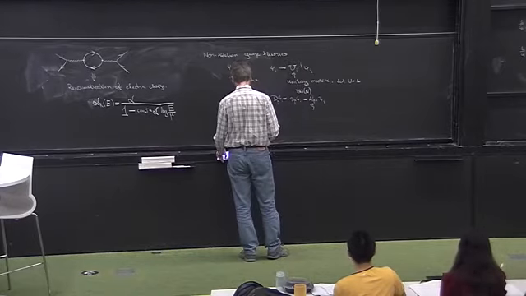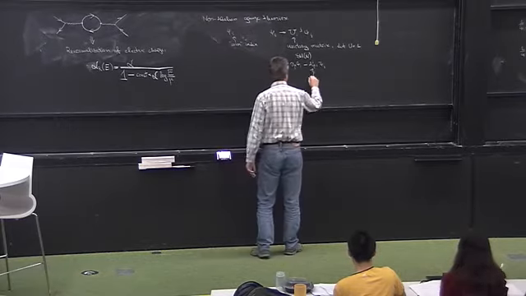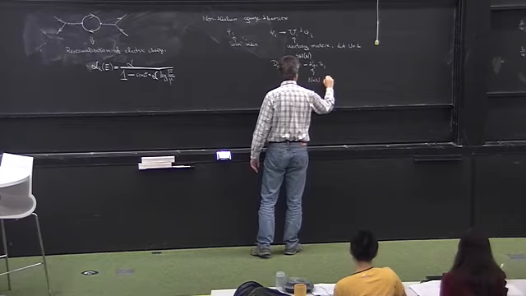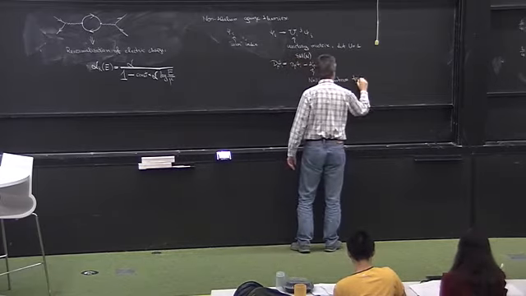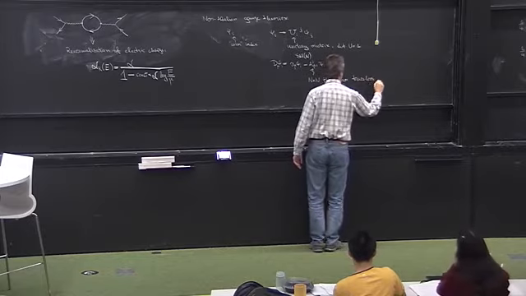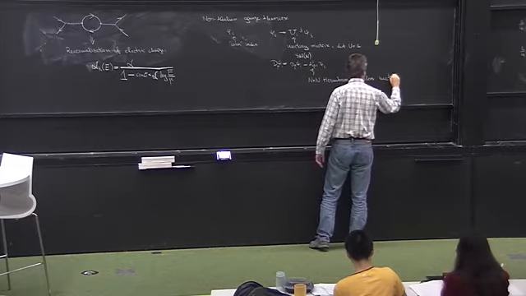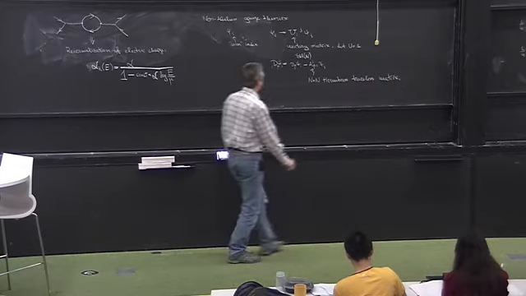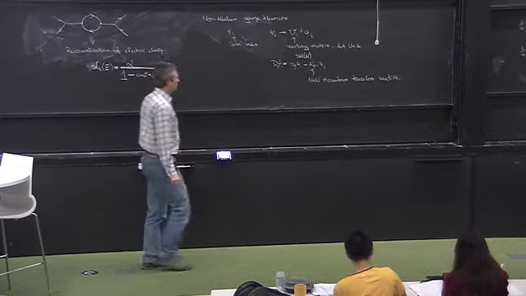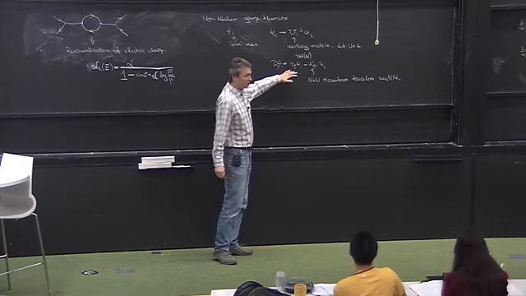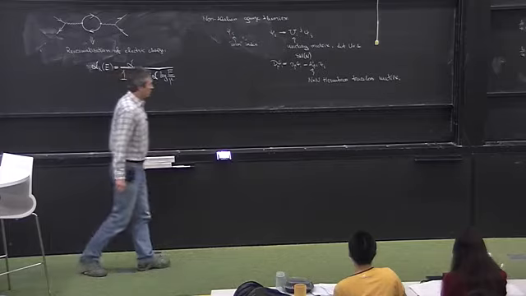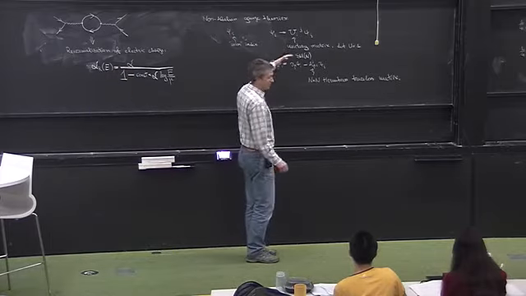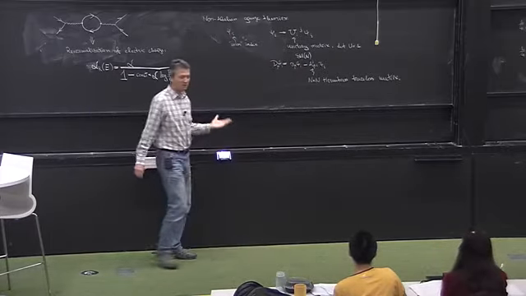If there are N colors, this will be an N by N Hermitian traceless matrix. One can write down an analog of F mu nu for it. The Lagrangian will look absolutely the same. This construction, simple as it is, describes all possible interactions in nature.